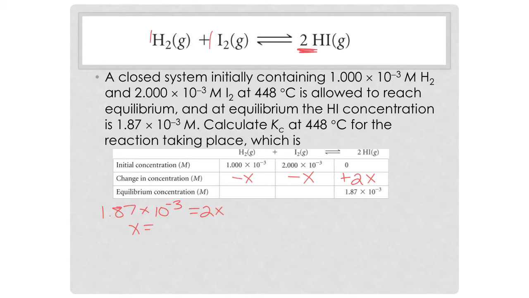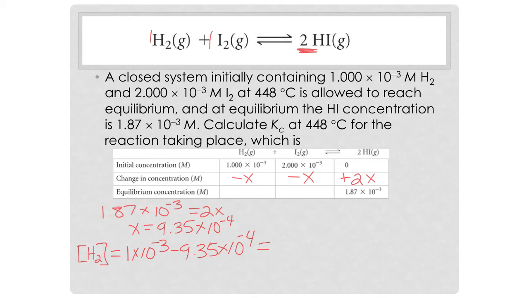So therefore, x's value would be 9.35 times 10 to the negative fourth, and that would be molarity if we were working with our units, because these were all molarity to start with. So therefore, my equilibrium concentration of H2 would be 1 times 10 to the negative third minus this value that I had just calculated, minus x.